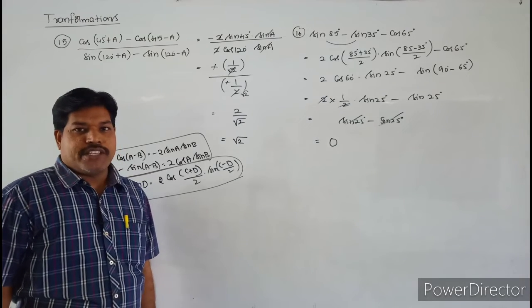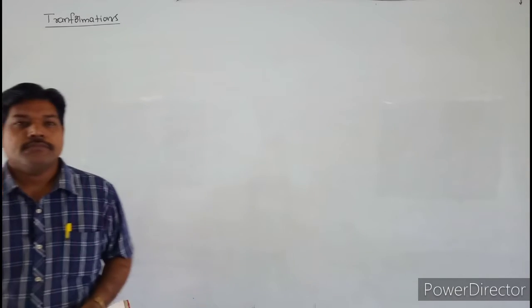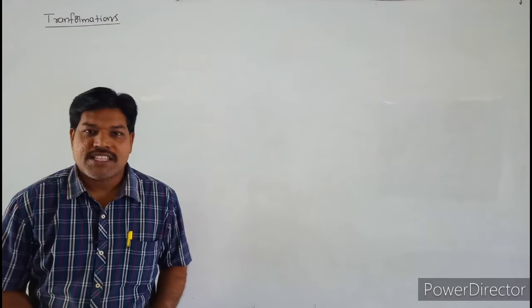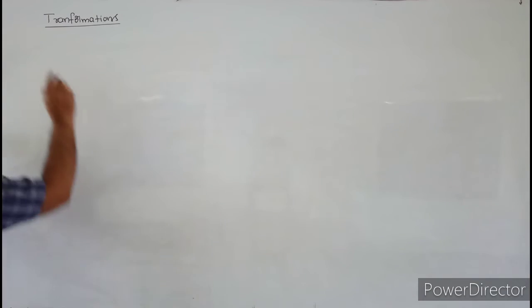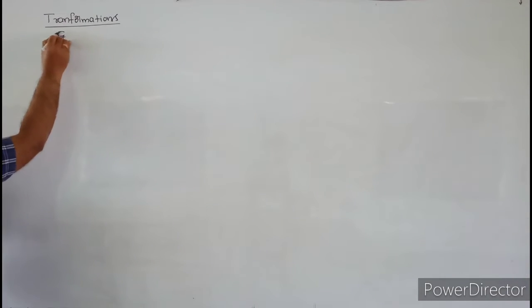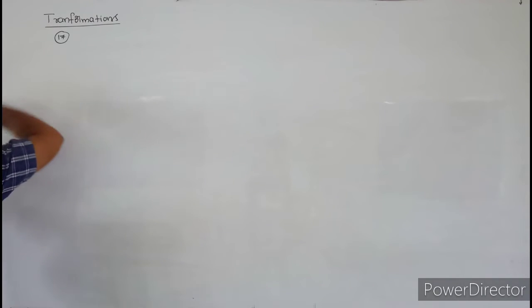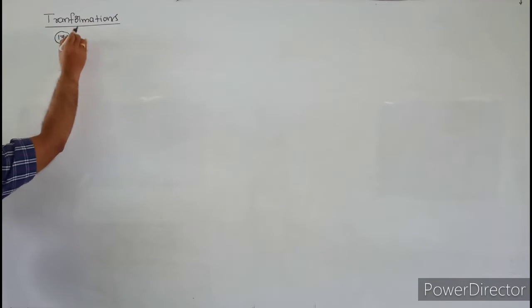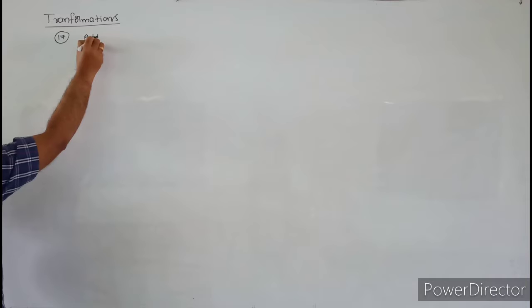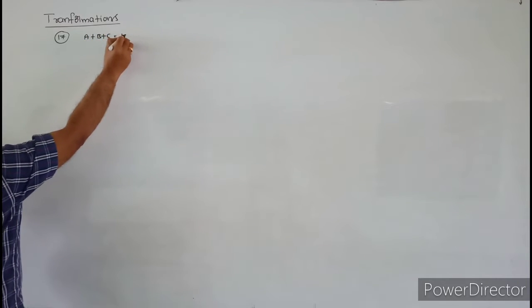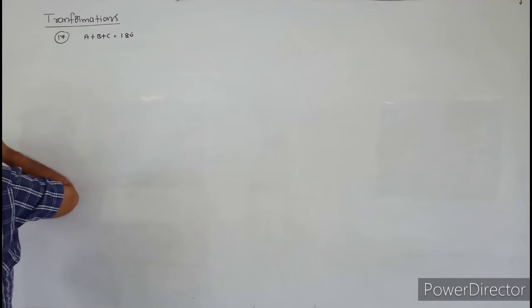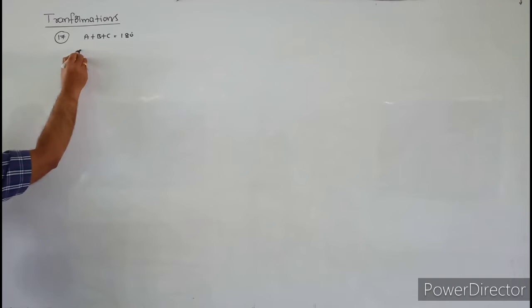Okay, so see that question, students. See the question number 17. What is the question number 17? A plus B plus C is equal to 180 degrees. Then what is the condition they are asking?